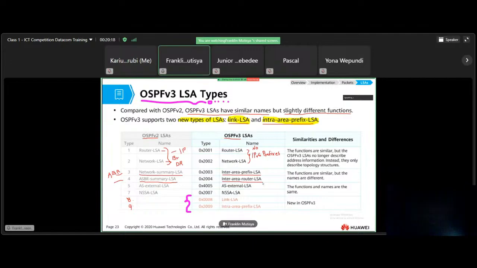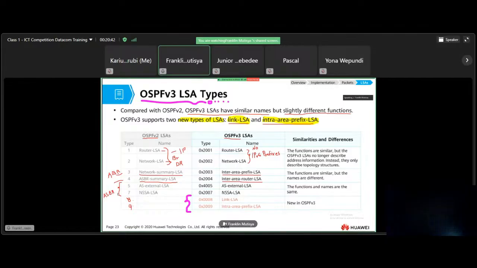An ASBR is a router that sits between two different autonomous systems. Then you have type 5 and type 7, which are generated by ASBRs, Autonomous System Border Routers.